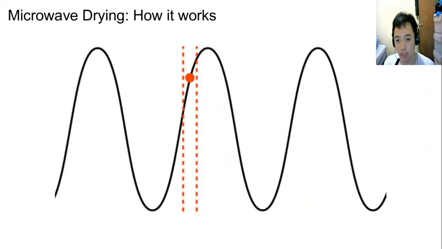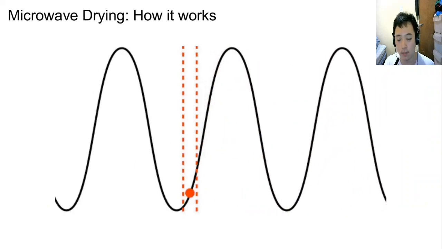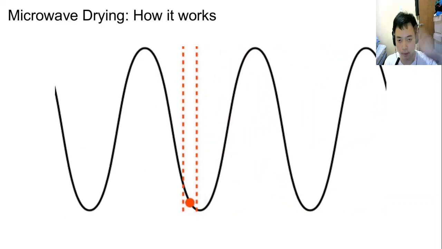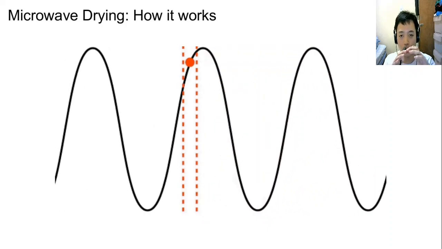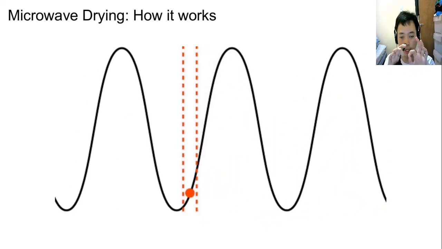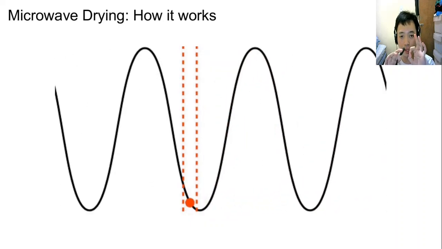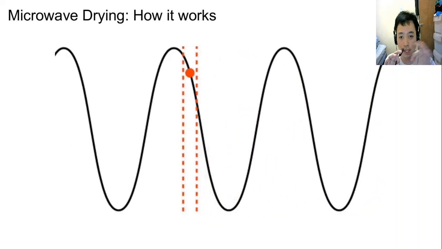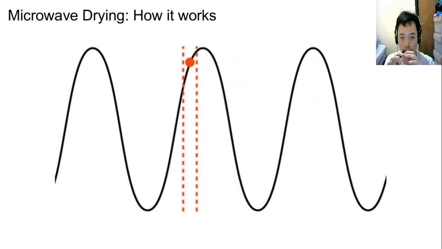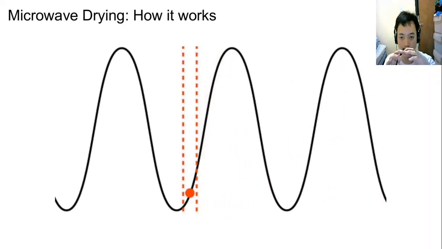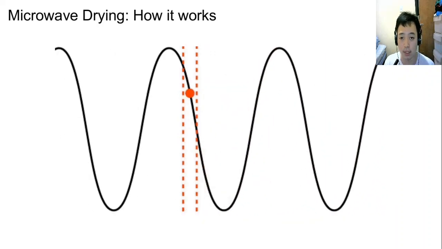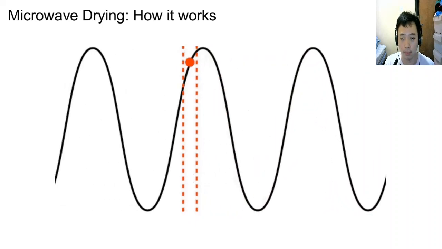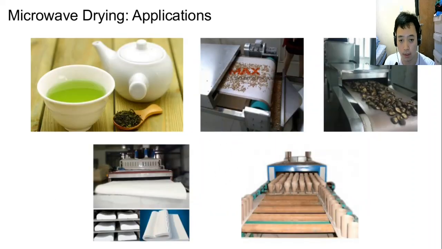So I already explained this earlier. The microwave will influence the particles to move up and down in this manner. Let's say your product is this big, the particle inside will be heated the same way as on the surface of the product. Say you have a big ceramic or rubber, and those are some of the applications.